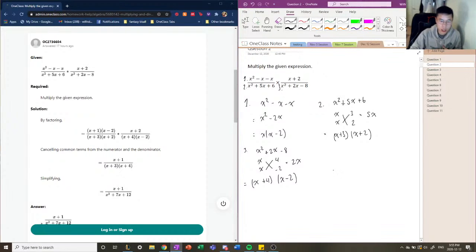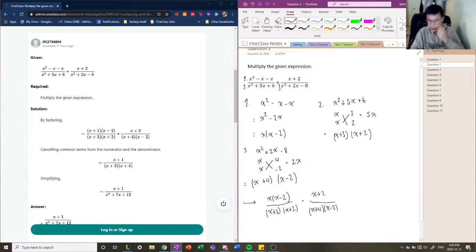Okay, cool. So now we can rewrite our expression as the factors instead. It's going to be x times (x minus 2) divided by (x plus 3), divided by (x plus 2), or times (x plus 2), times (x plus 2) divided by (x plus 4) times (x minus 2).